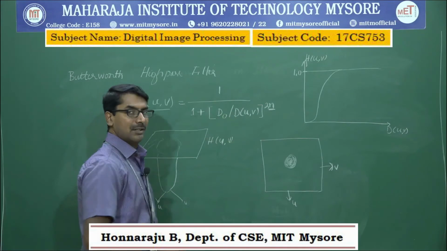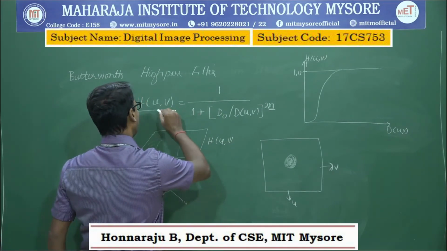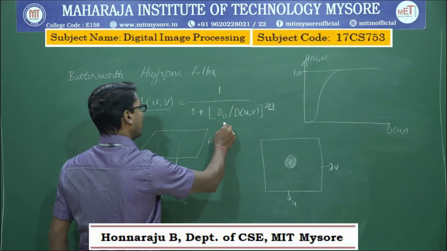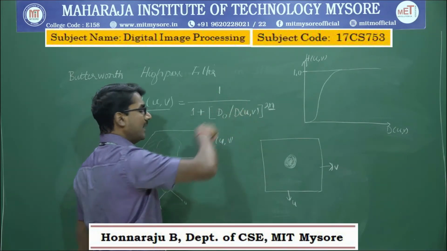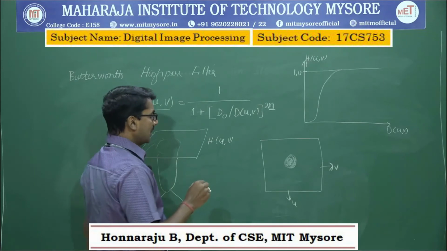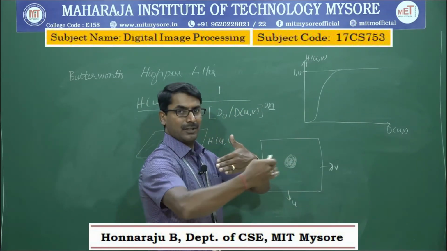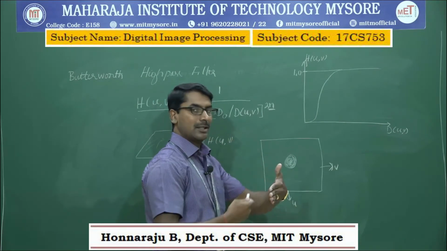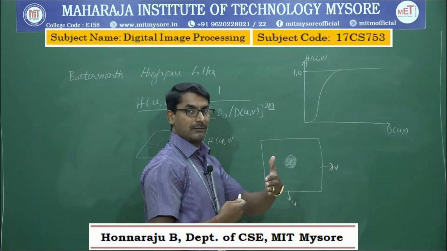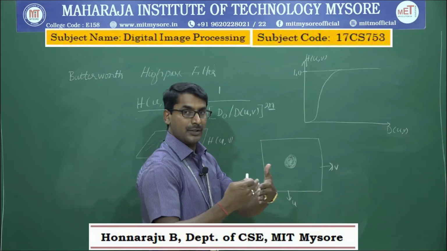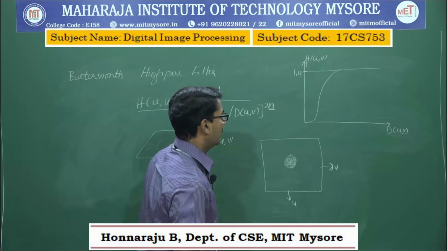In the Butterworth low pass filter, the formula is H of u comma v is equal to 1 divided by 1 plus D of u comma v divided by D naught. In the Butterworth low pass filter, if the frequency value is below the cutoff frequency, then the value slowly varies.